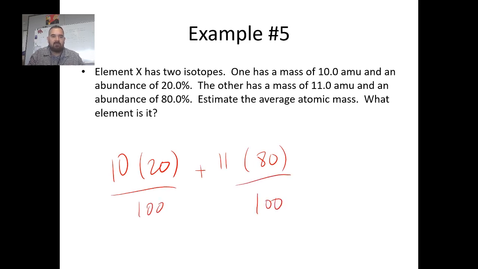So 10 times 20 divided by 100 should have gave you 2. 11 times 80 divided by 100 should have gave you 8.8. And this is going to equal 10.8. And that's, if you look at your periodic table, that's going to be boron. And that's it. We're done.